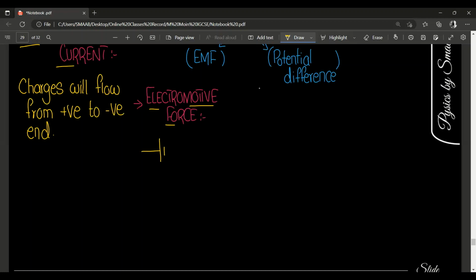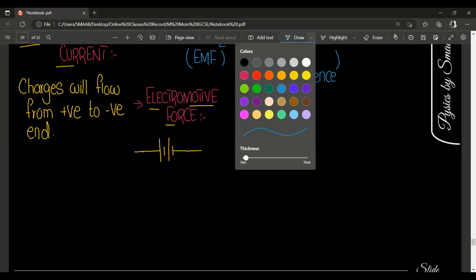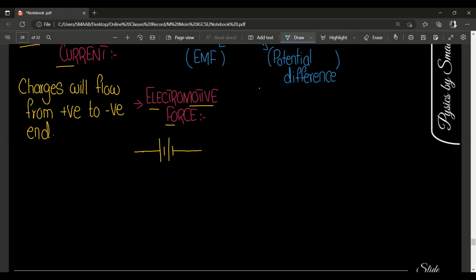Let's suppose there is a dry cell or a battery connected in a circuit. This source is known as a dry cell. The flow will be the same, but I'm going to talk about a different concept, so that's why I specifically take the example of a dry cell or battery.